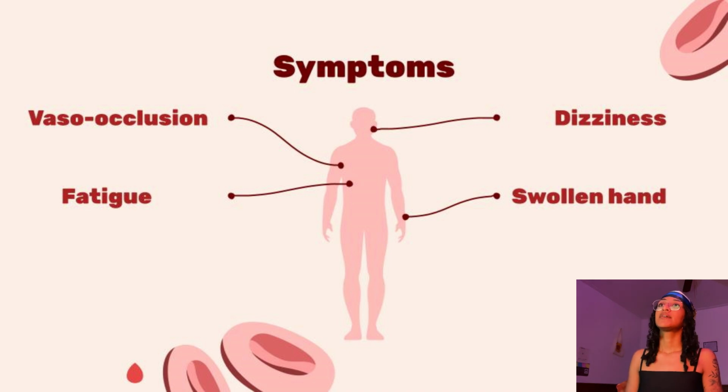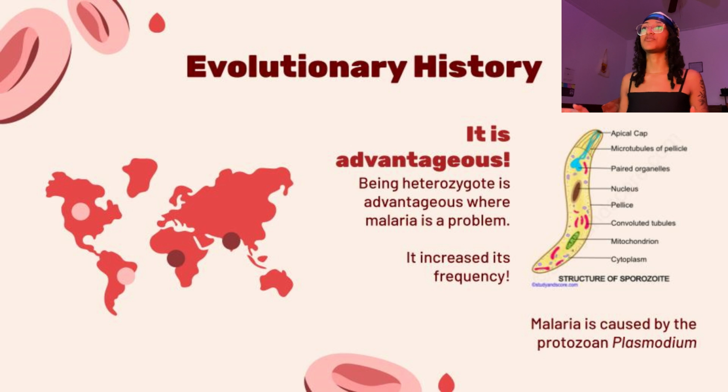But carrying the sickle cell trait is advantageous in some regions where this silly protozoan here is present and causes malaria. Since it can be carried well by all hemoglobins, the person has a higher chance of surviving. And this is actually an evolutionary response to a selective pressure, and this selective pressure is malaria.